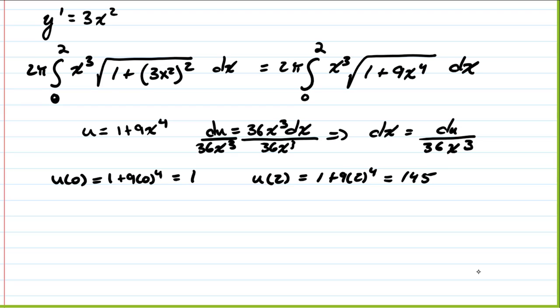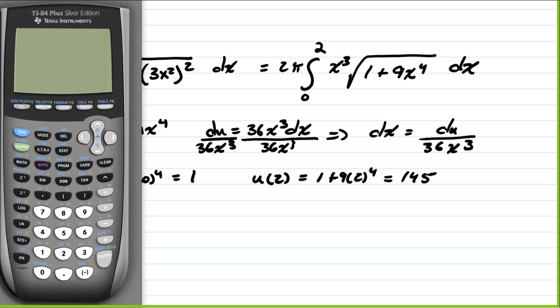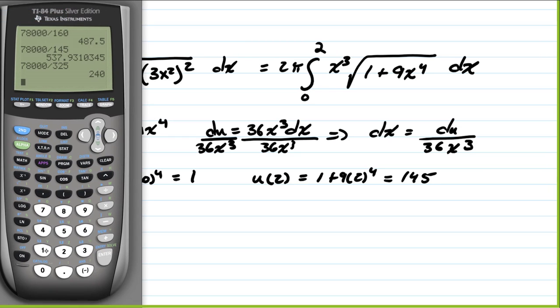And as always, you don't have to do that arithmetic in your head. You can just type it into your calculator. So 1 plus 9 times 2 to the 4th power gives us, indeed, 145.